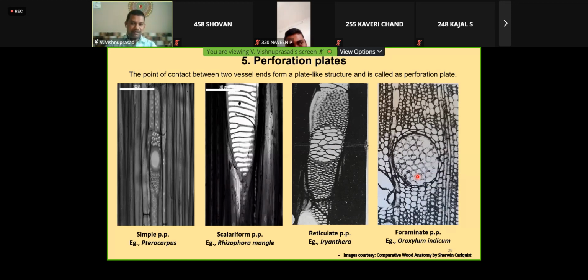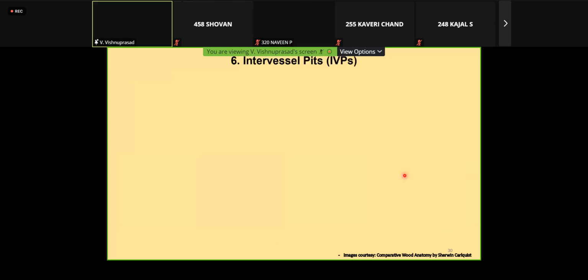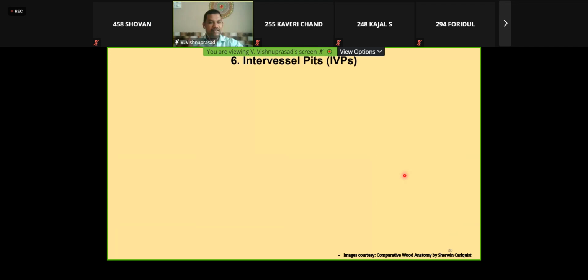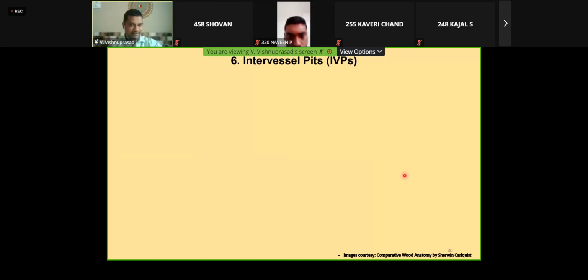Okay. Similarly, if you observe the walls of the vessels, in a macerated slide or even in a section, on the vessel walls, there are pits present. In the case of softwood, we saw the tracheid pits. In the same way, in the case of vessels, we are looking at intervessel pits.